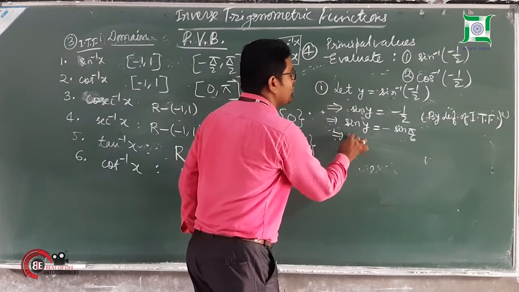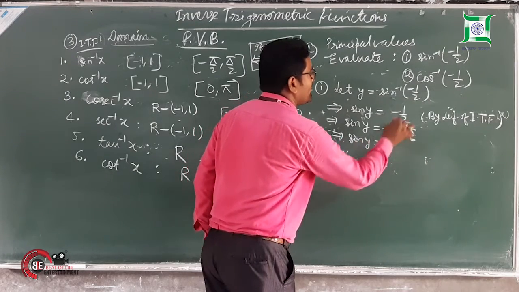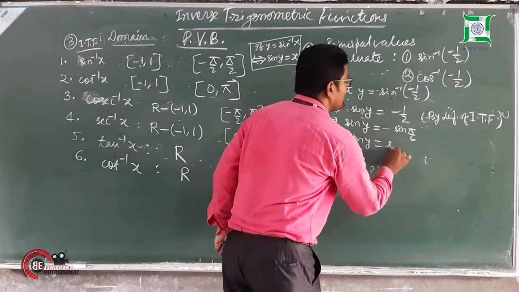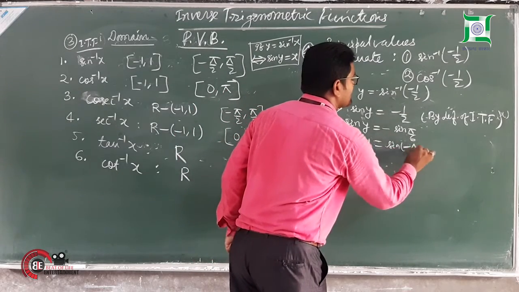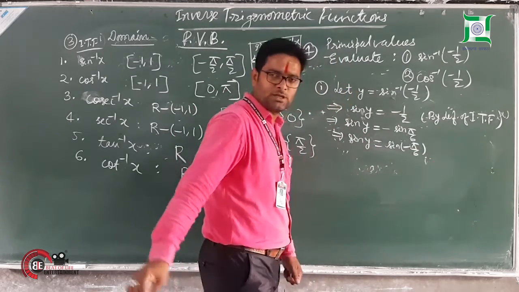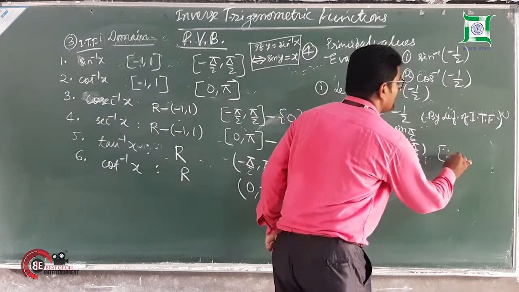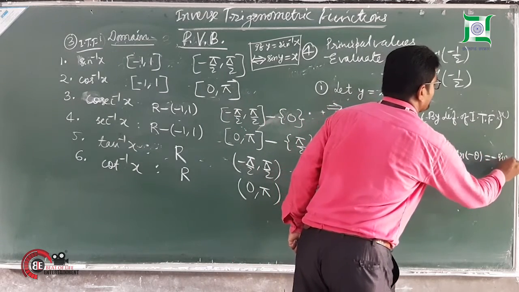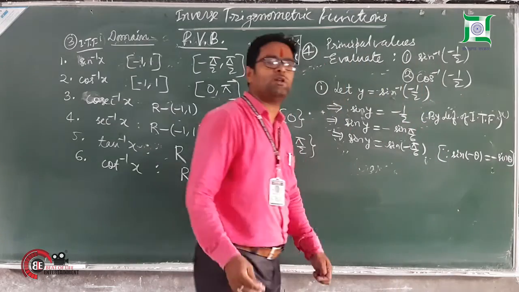Now see, as we know, when it will be minus sin pi by 6, you can change it easily as sin of minus pi by 6. You know why? Because you write the reason: sin minus theta is equal to minus sin theta. You know this rule from your class 11 level trigonometry.